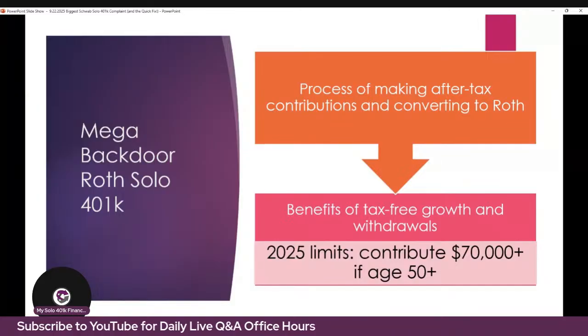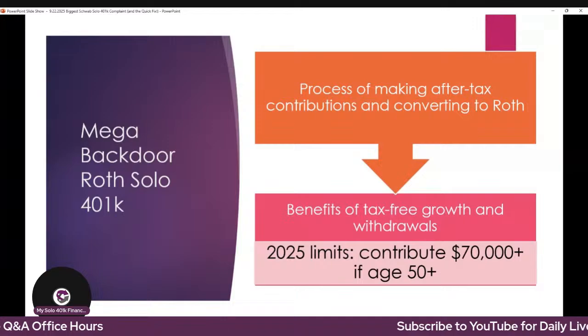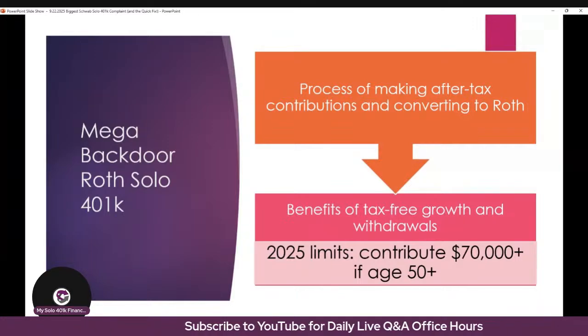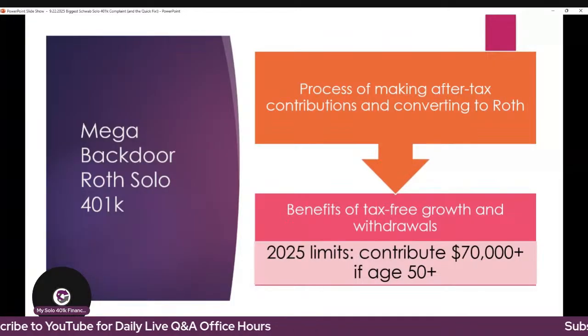The other benefit is just the high contribution amount. For example, for 2025, one can contribute up to $70,000 or even more if they're age 50 or older to a Roth Solo 401k or a Mega Backdoor Roth Solo 401k.